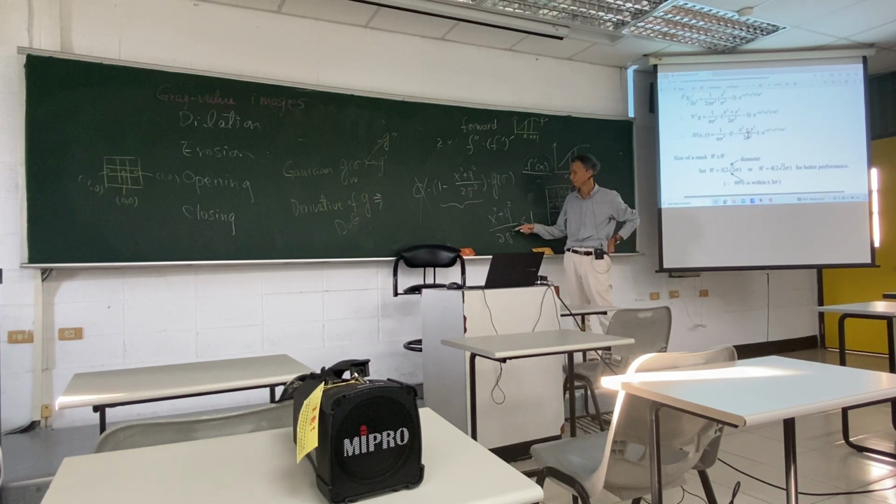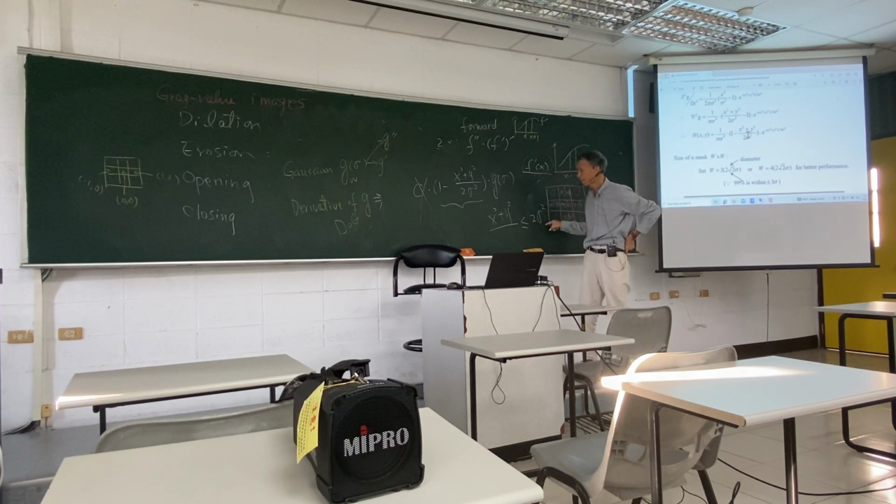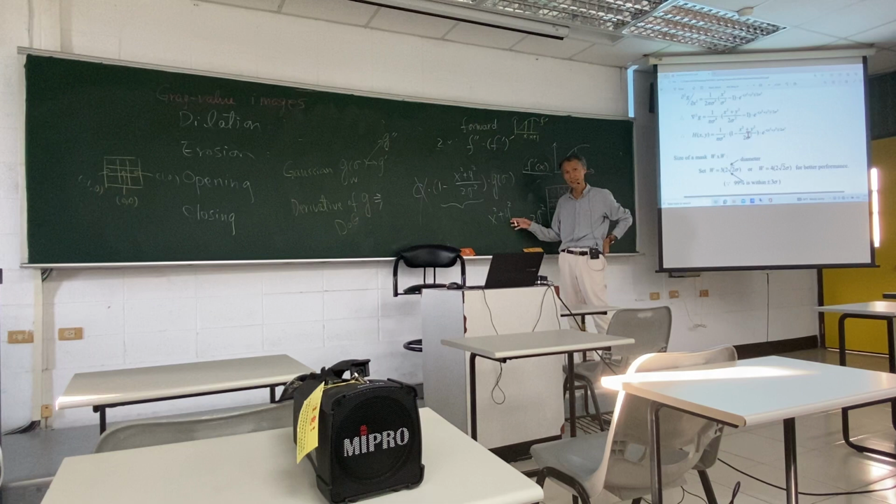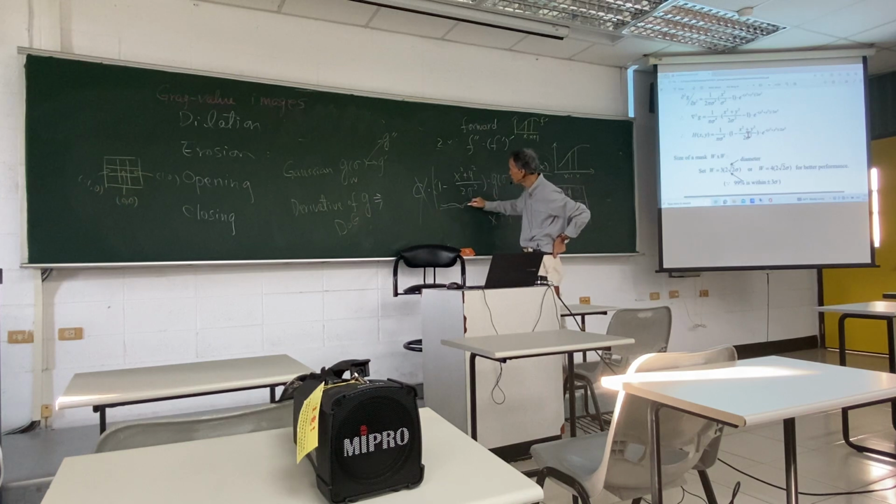Now take a look here. This is what? This is a circle. We use this term to define the positive. We design a filter so that if everything is less than 2 sigma square, then the value will be positive.